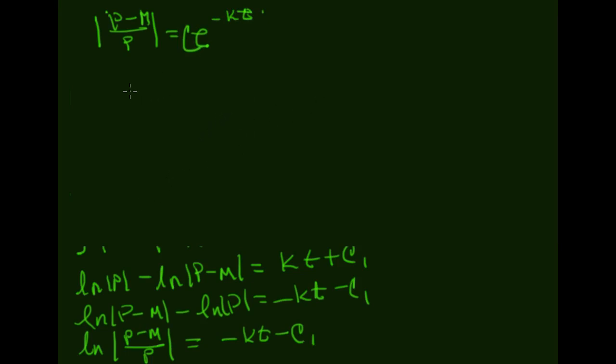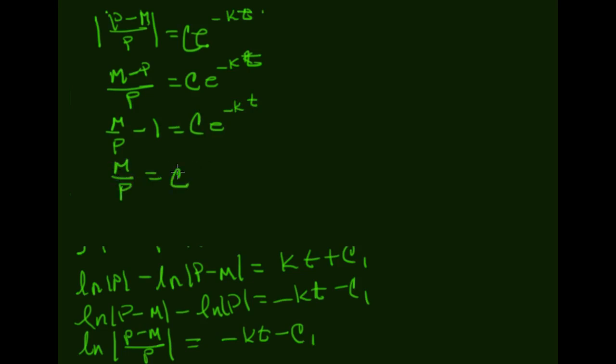We know that the carrying capacity is larger than the population, so this is actually m minus p over p is c times e to the negative kt, which means that m over p minus 1 is c times e to the negative kt, and m over p is equal to c e to the negative kt plus 1. All right, so there we go.